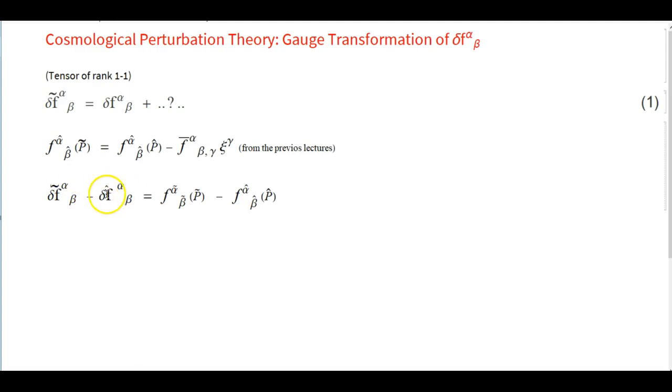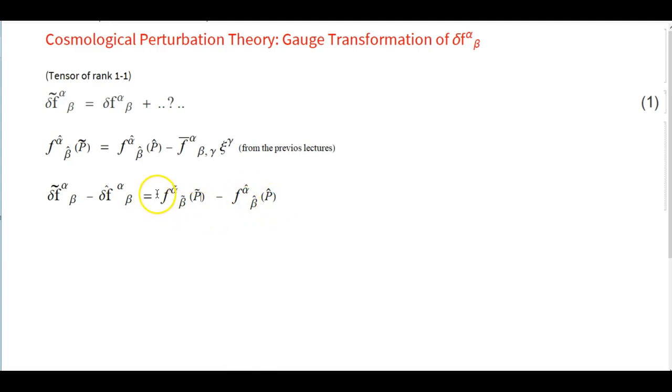perturbation value in gauge 1 and gauge 2. So this is the perturbation value in gauge 2 minus the perturbation value in gauge 1, which is equal to the value of the perturbed quantity f alpha tilde beta tilde at point p tilde minus f alpha caret beta caret at point p caret.